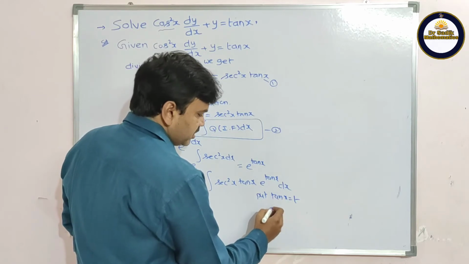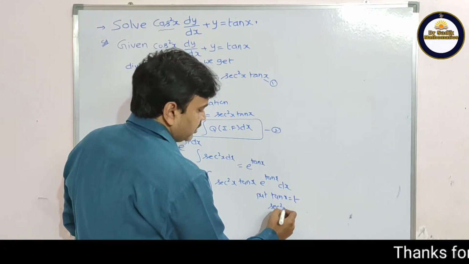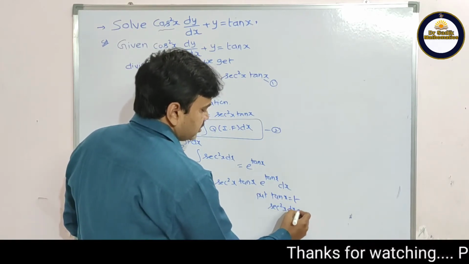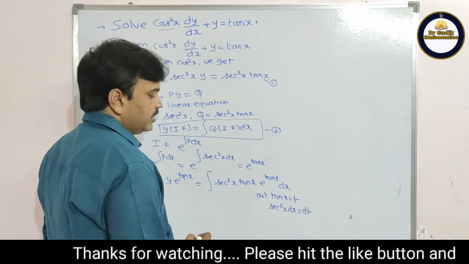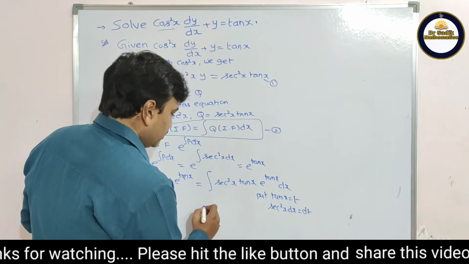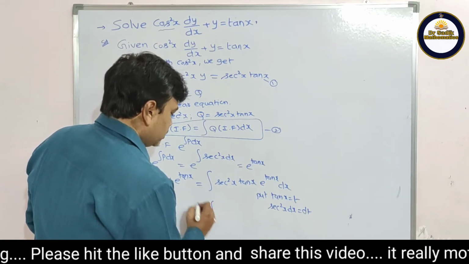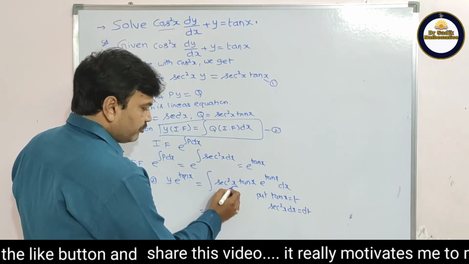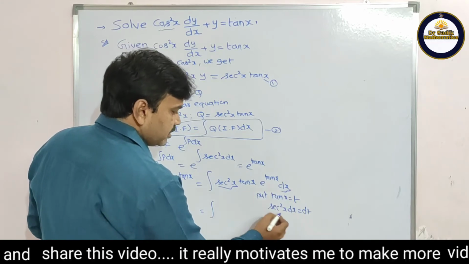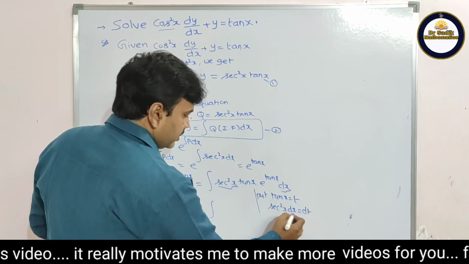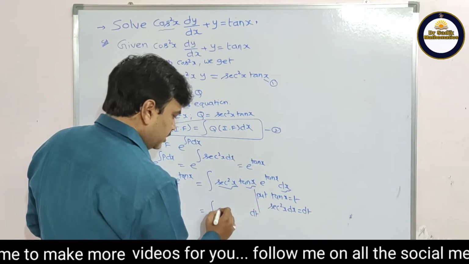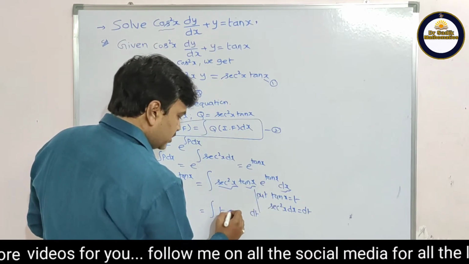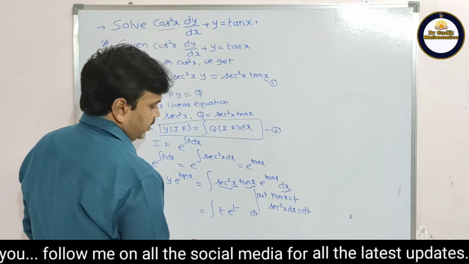The derivative of tan x is secant square x, and the derivative of x is dx, is equal to the derivative of t, which is dt. So this integration becomes the integral of, see friends, secant square x dx is dt. Now tan x is t, so e power tan x means e power t.